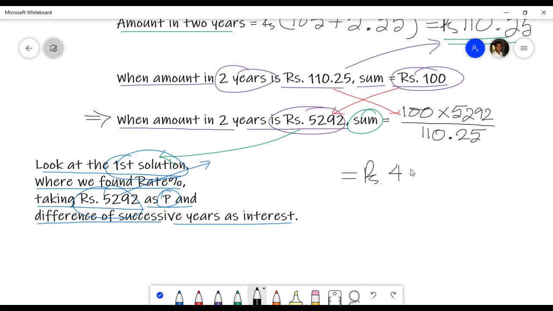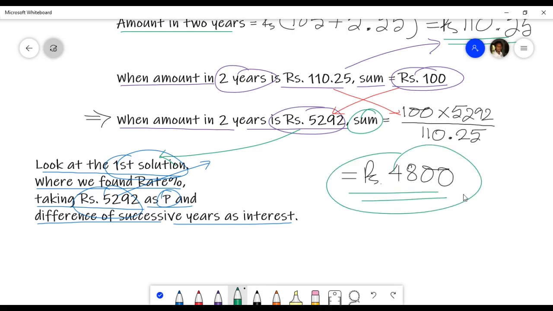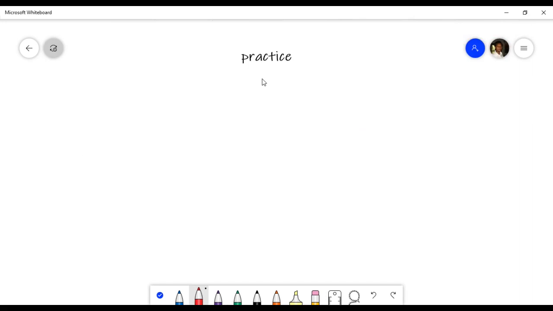So when you simplify it further, you will get the answer as 4800 rupees. So what is this rupees 4800? Rupees 4800 is the original sum.